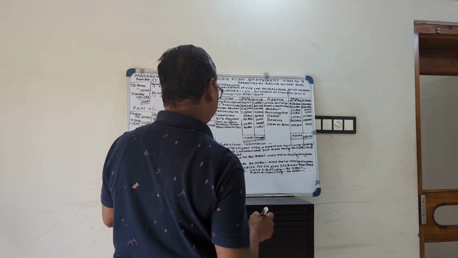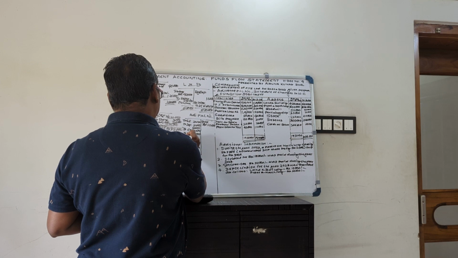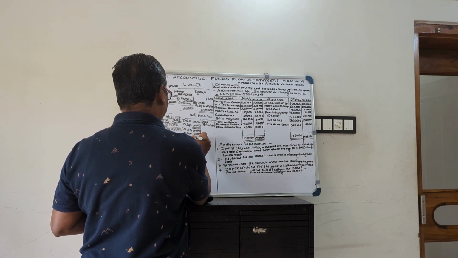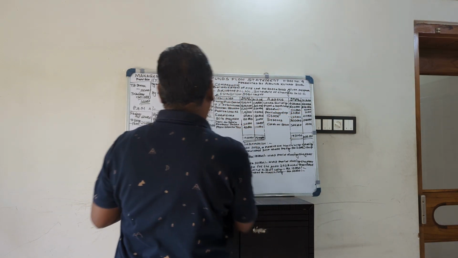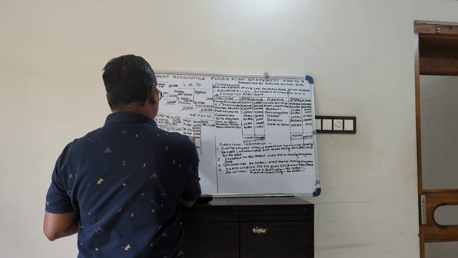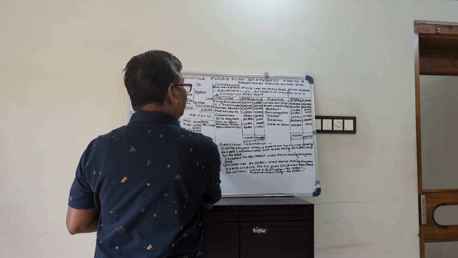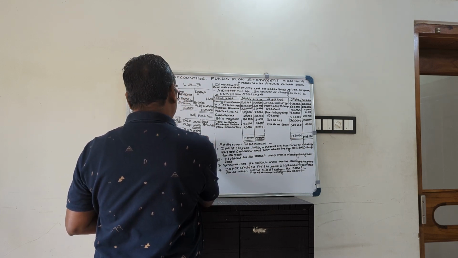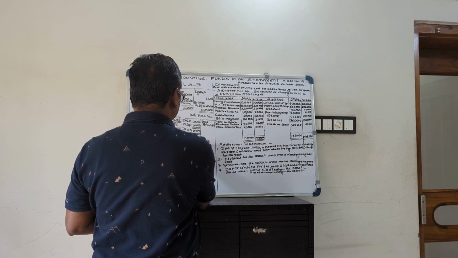Then dividend paid, 1 lakh to dividend. Goodwill written off, the amount is 10,000. To preliminary expenses written off, 10,000.